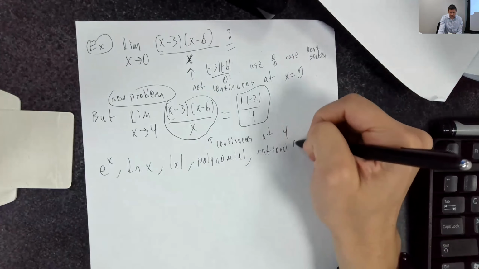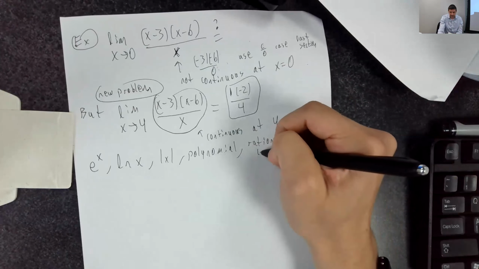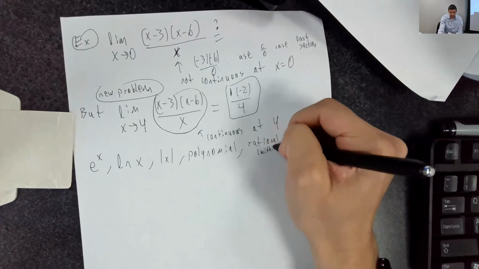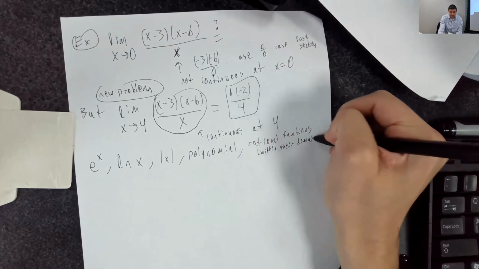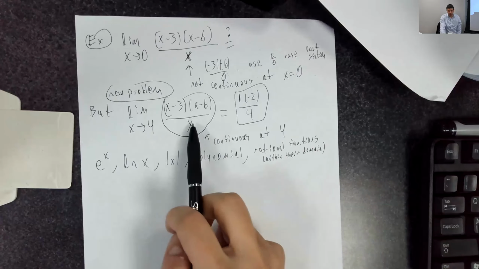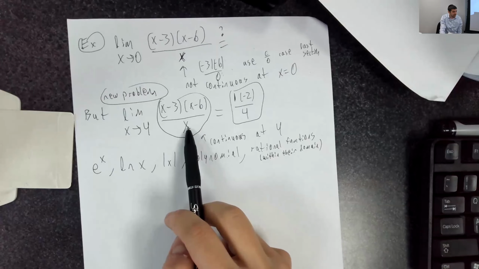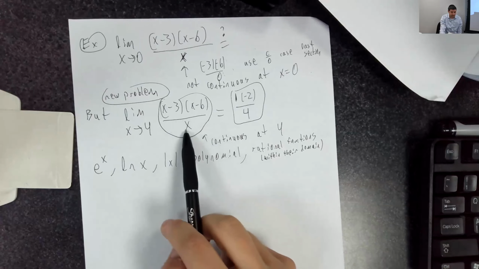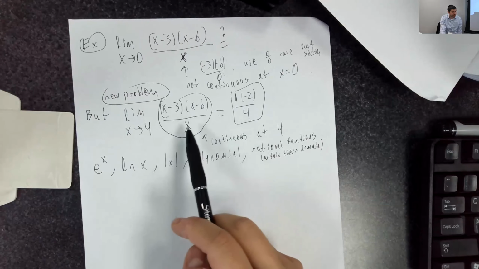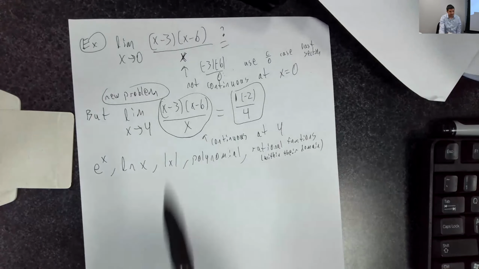Rational functions, but I'll say within their domain. So this is a rational function, so a limit with x equal to 0 would be a problem. But limit with any other x except for 0, you can just plug it in because it's continuous. So you guys could use that.